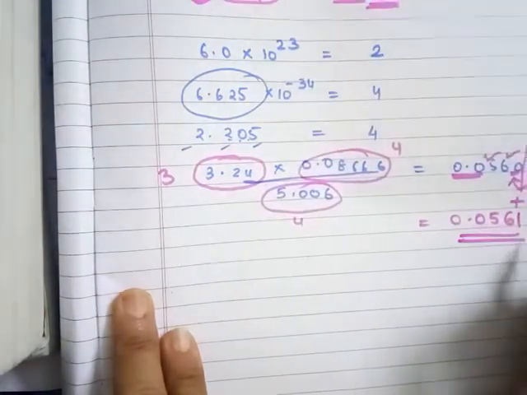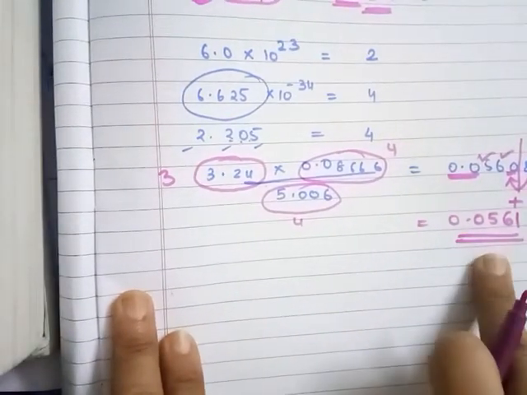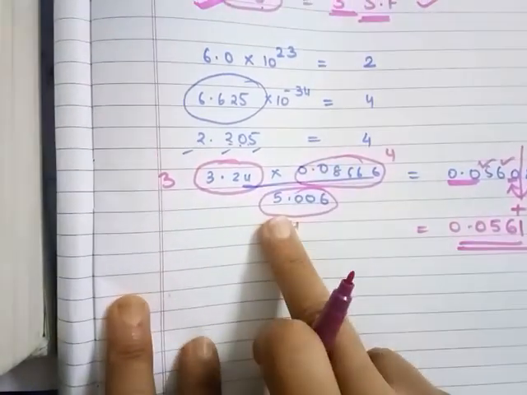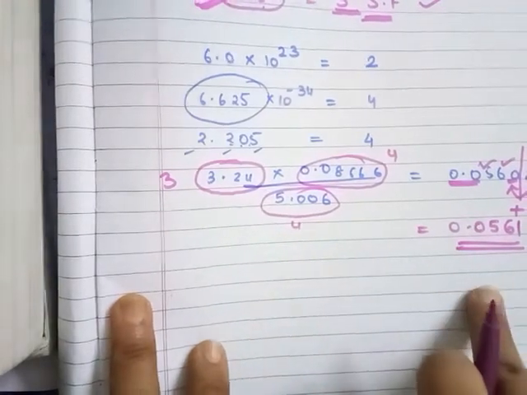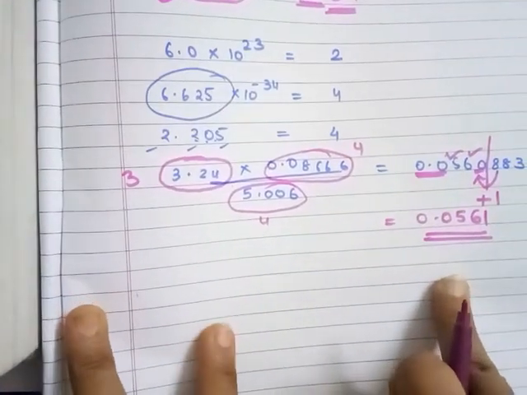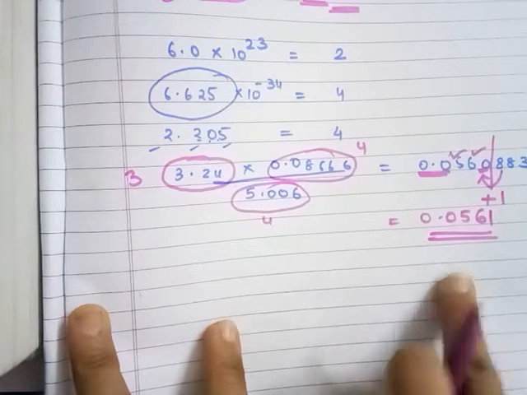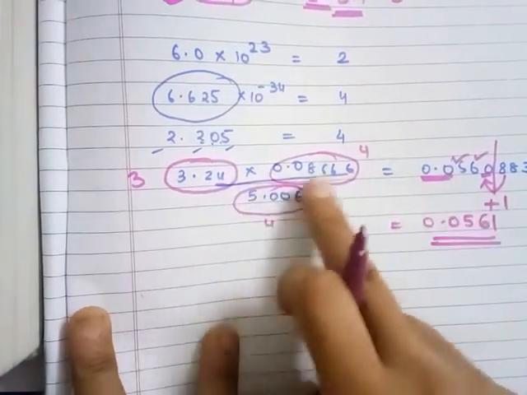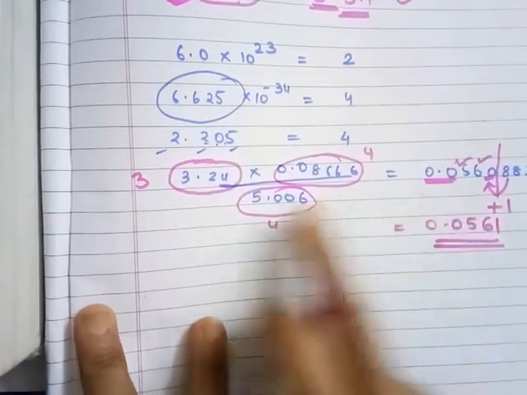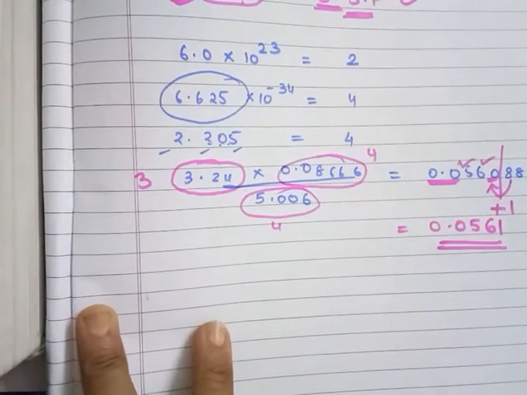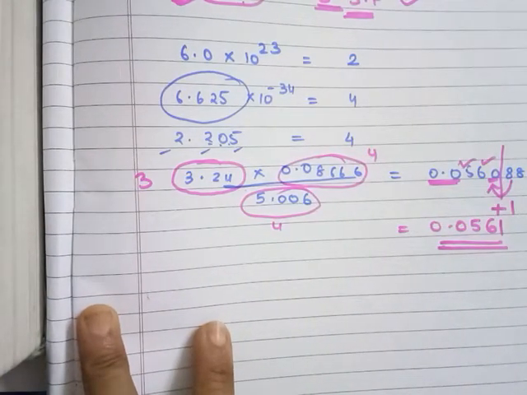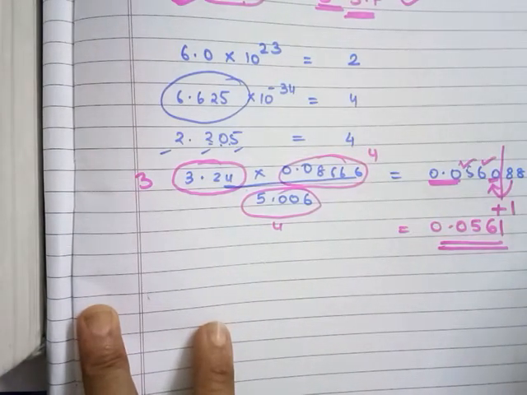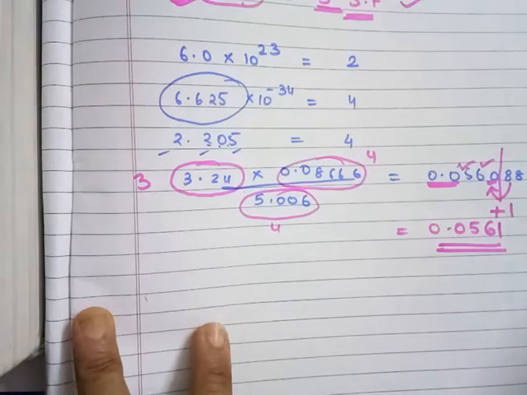Now this is the correct result that you report when you do the multiplication and division of these 3 numbers. Rounding off is also done, significant figures are applied, along with the normal multiplication and division. So when you do multiplication and division, the result should be reported with the minimum significant figures. And when you do addition and subtraction, the result should be expressed till the least decimal digit.